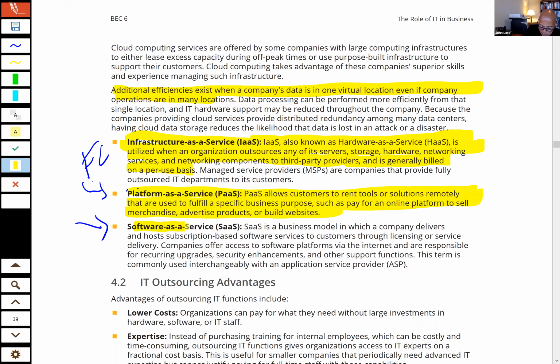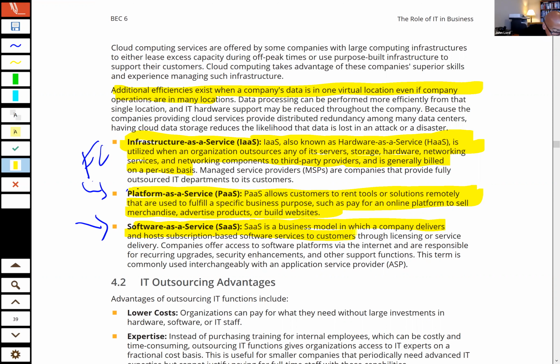SaaS, software as a service, and I think you've heard this term thrown around, is a business model in which a company delivers and hosts subscription-based software services to customers. Can you say Apple? I mean, Apple's a SaaS company, right? That's basically what they do, they create the phones, but they really generate quite a bit of revenue as a SaaS business, right?